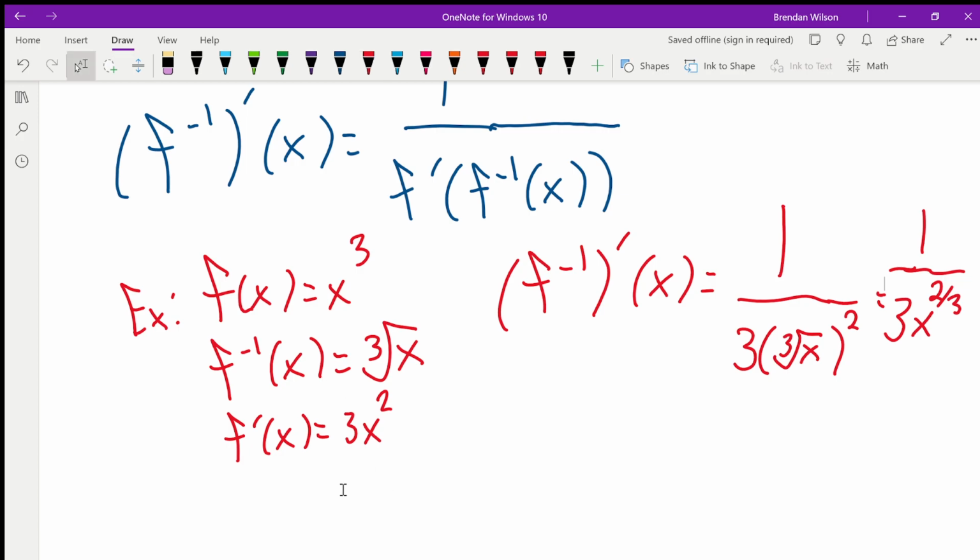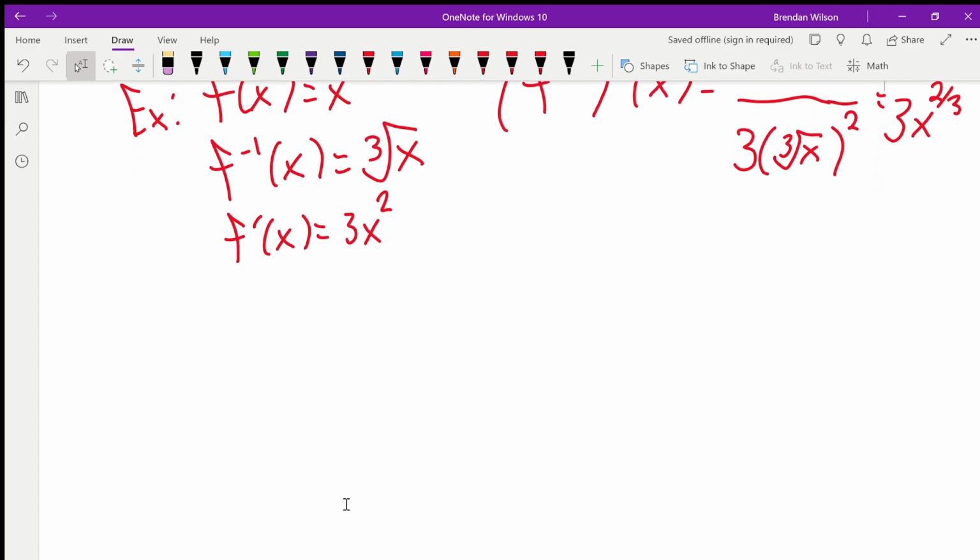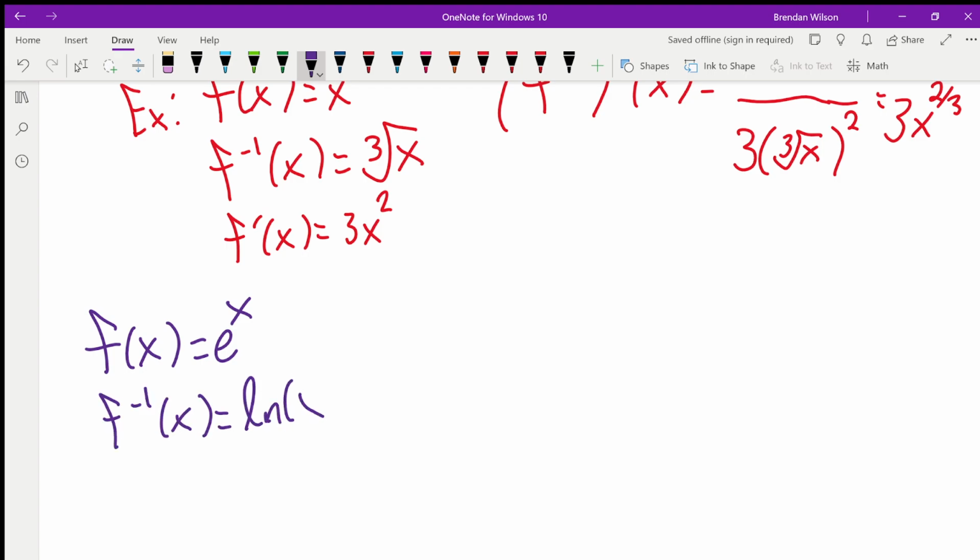This also gives us an alternate way of proving that the derivative of the natural log function is 1 over x. I don't think that we actually did a proof of it. I could be wrong, but if we let f of x equal e to the x, okay, then f inverse of x is the natural log of x.